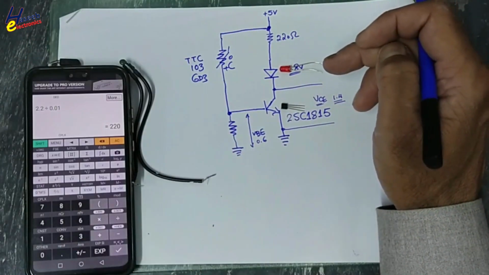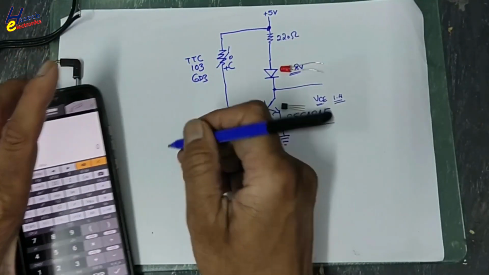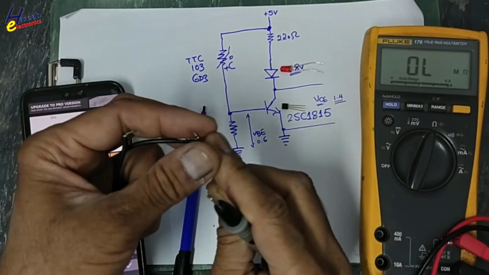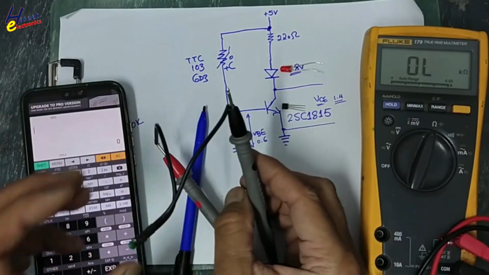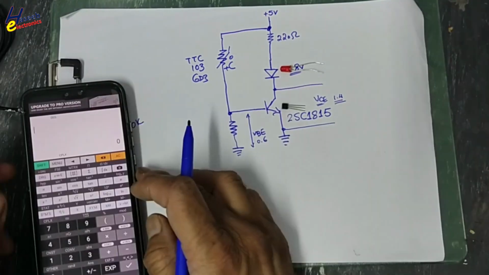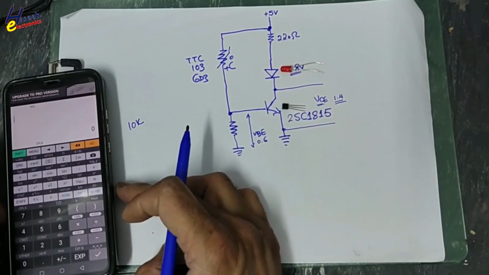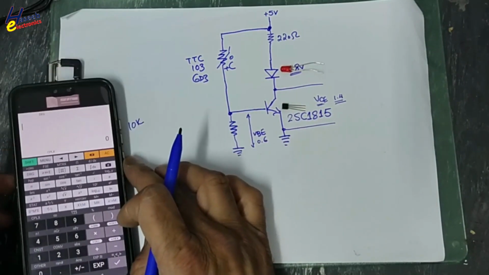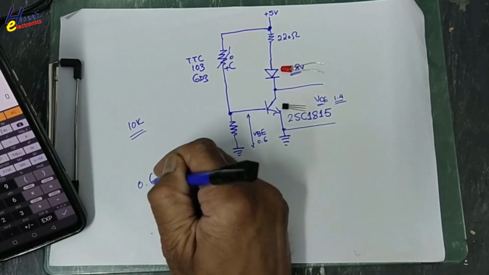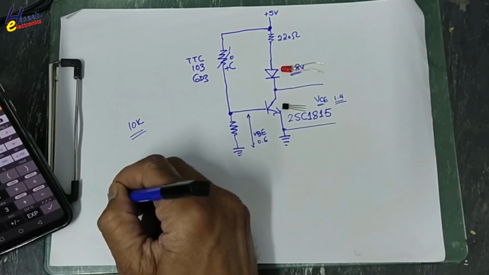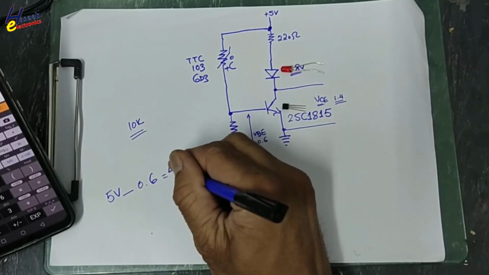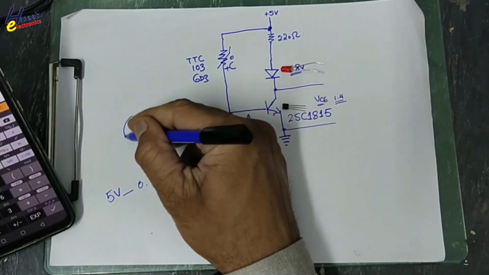In the base side, we have 10K. This time room temperature is 28 degrees Celsius, so it is 9.7. We will consider 10K because we are considering ambient temperature, and we want to allocate voltage 0.6 volt. Total supply voltage 5 volt minus 0.6 volt, that means 4.4 volt will drop across this NTC.